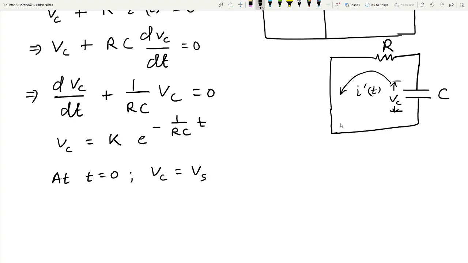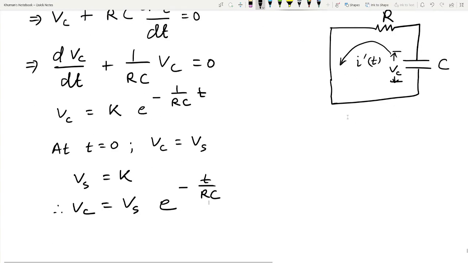So from here we can write Vs is equal to k. Therefore VC is equal to Vs e to the power minus t by RC.